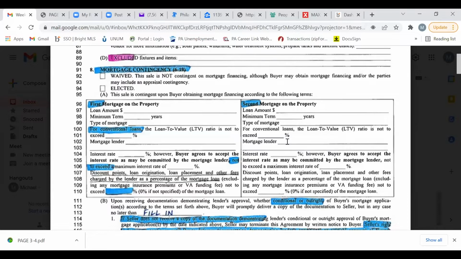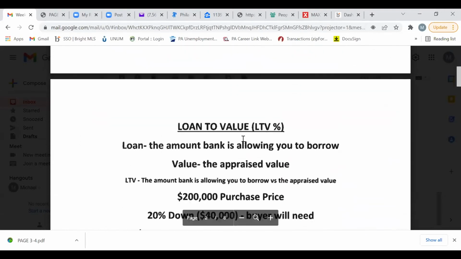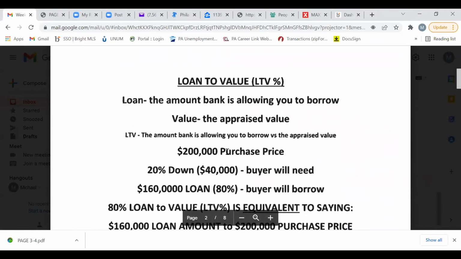Not FHA, not VA, not USDA, but for conventional loans, the loan to value ratio is not to exceed blank percent. So I did a little worksheet, and I'm going to scroll down to it right now, called loan to value percent.